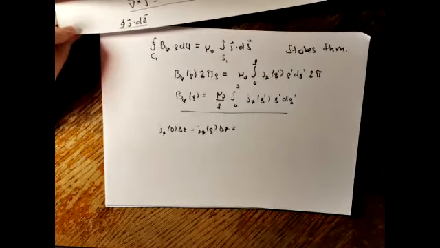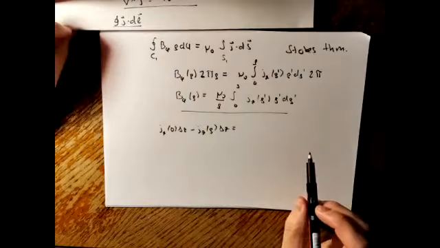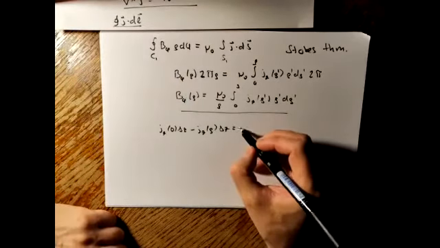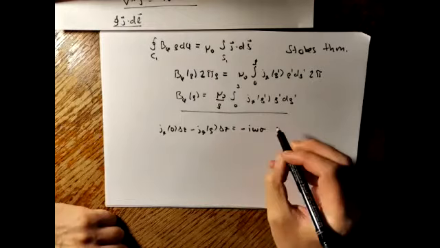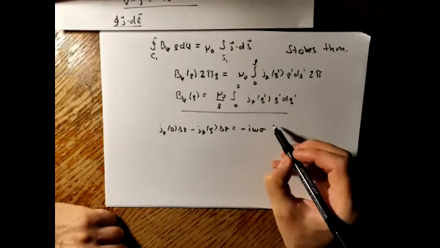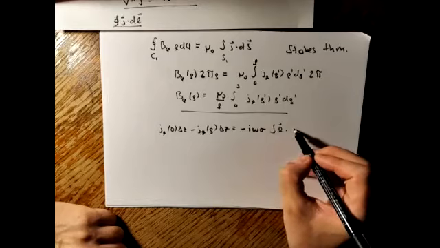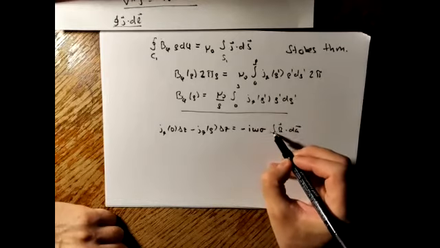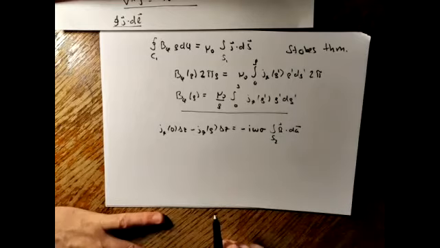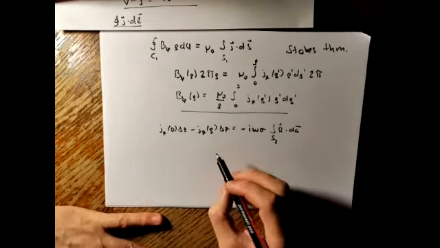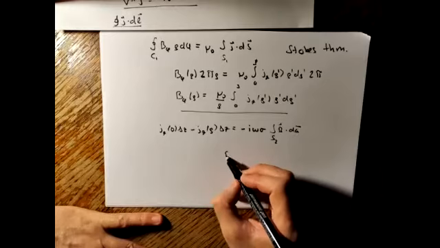Now I have to also integrate the flux. On the other side, I have minus I omega sigma times the magnetic flux, let's say I write A, over the surface S2. That magnetic flux is going to be the integral.